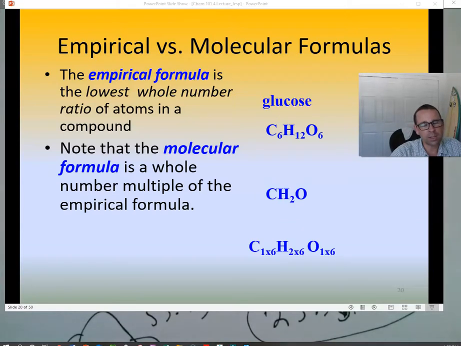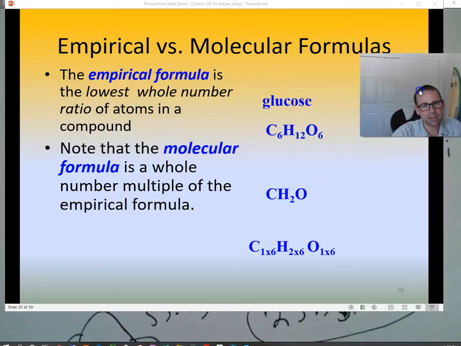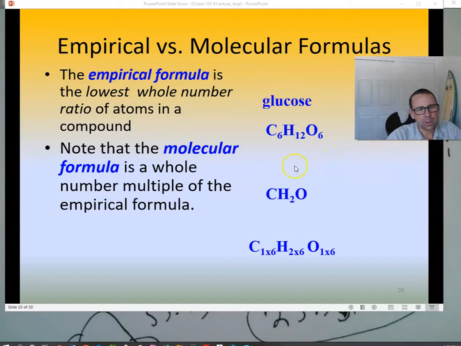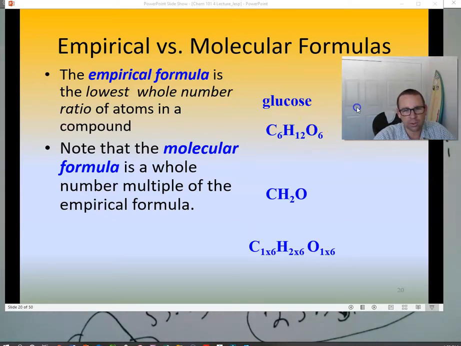You don't get the molecular formula necessarily, and that's because the empirical formula is the simplest ratio of elements. The molecular formula, like for glucose, for example, C6H12O6, is not the simplest whole number ratio. This is how the molecule actually is composed, what it looks like, how it goes around in solution, or in solid or liquid phase.